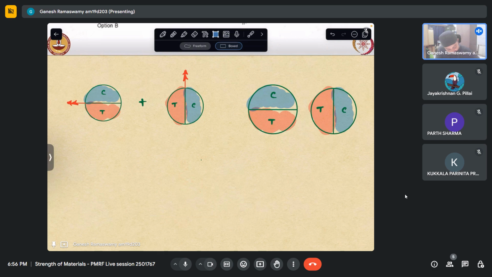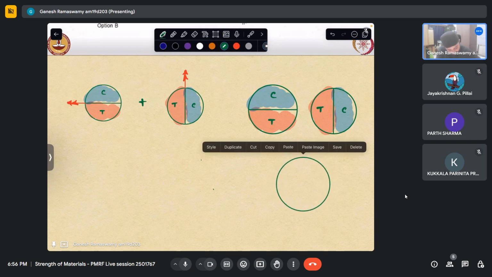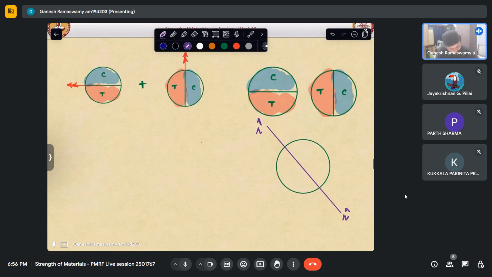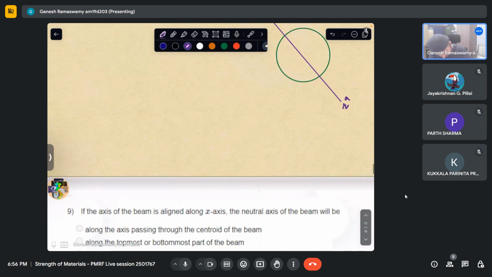So therefore, the final neutral plane would actually be something like that. So this is my neutral plane. If I were to take a rectangular section and subject it to movement like that, let these be the moments that are getting applied.